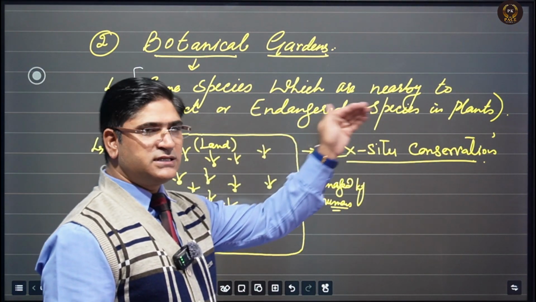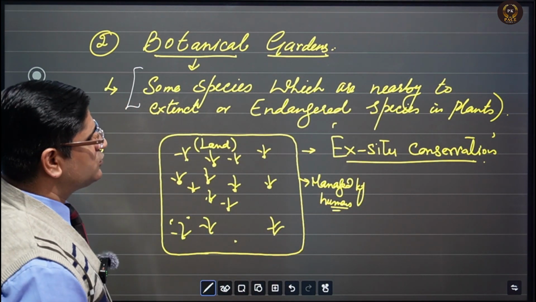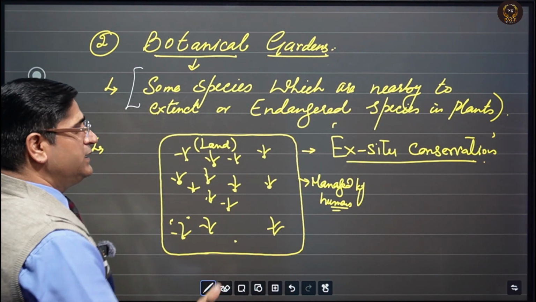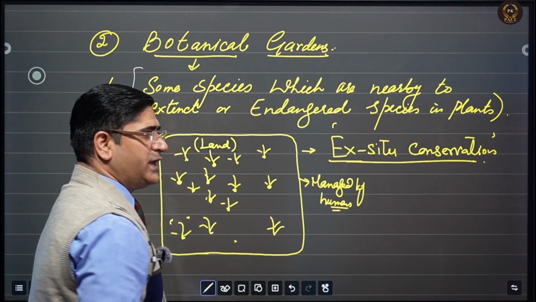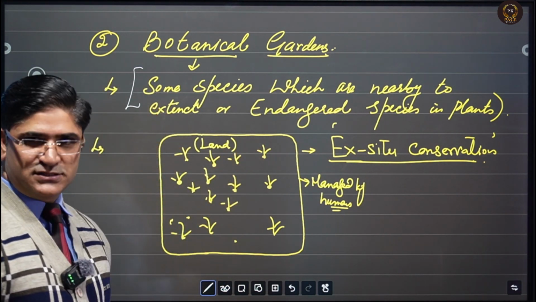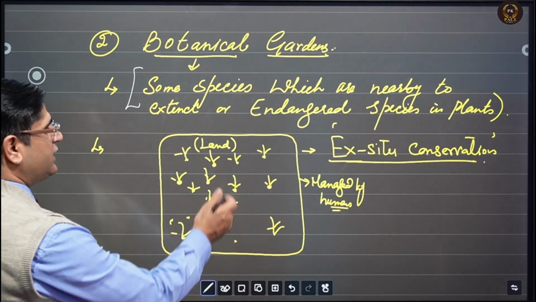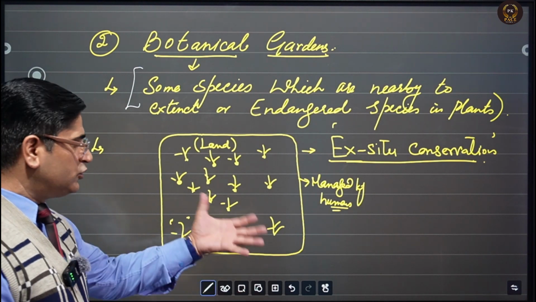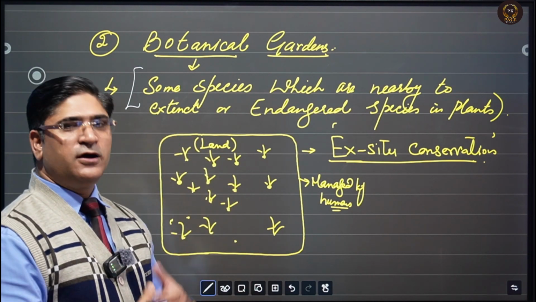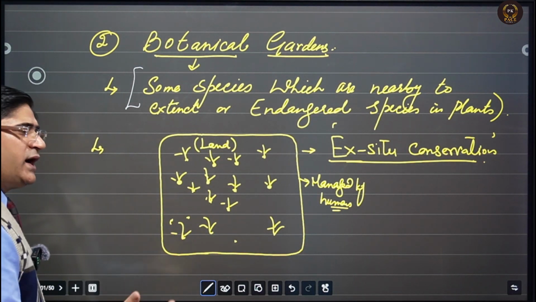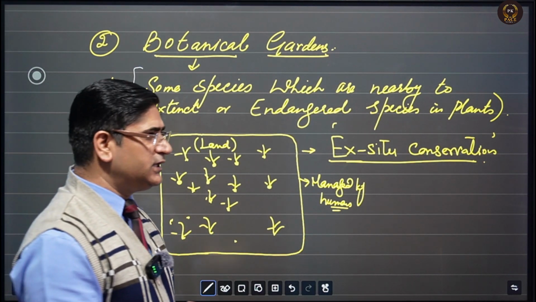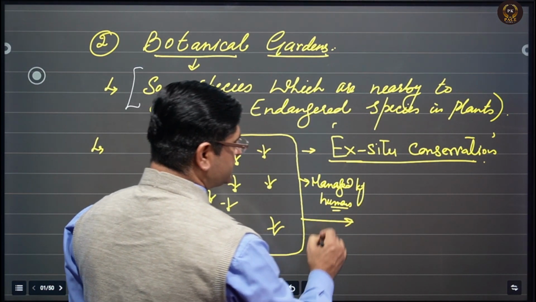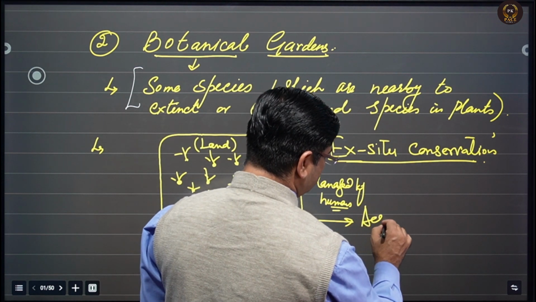That is called ex situ conservation of plant species. That is the main objective behind forming botanical gardens. In the botanical garden you will find these different types of plant species grown and reproduced. That is the main objective for why the government forms these botanical gardens. Apart from that, these botanical gardens also provide us aesthetic values.